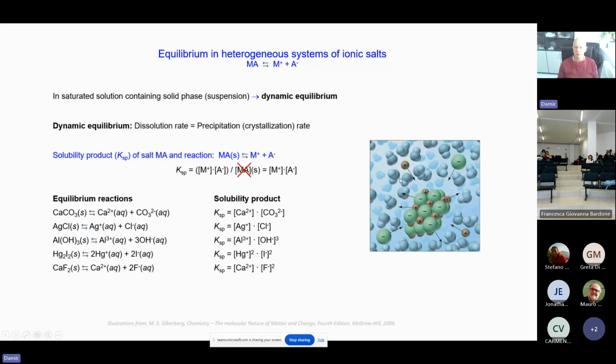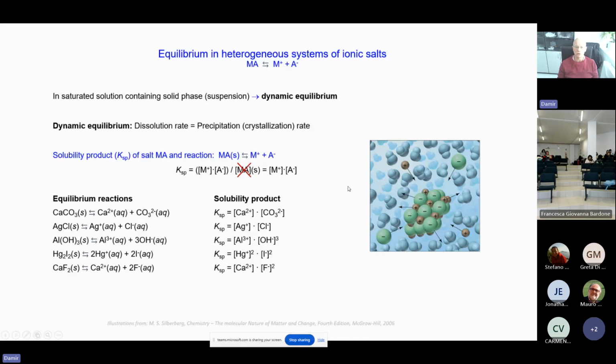Dynamic equilibrium means that the amount of ions entering the crystal is identical to the amount of ions leaving the crystal. So the dissolution rate and the precipitation or crystallization rate are identical.